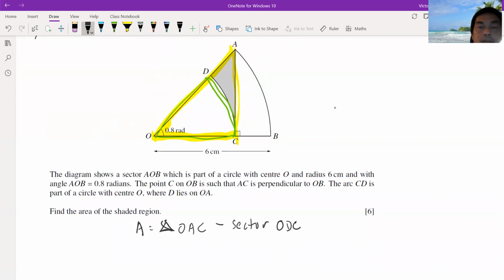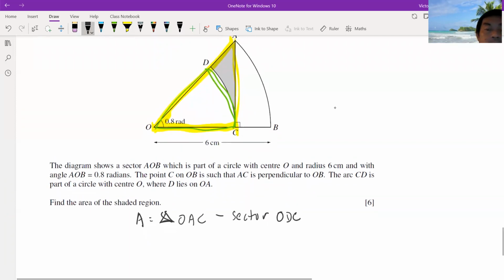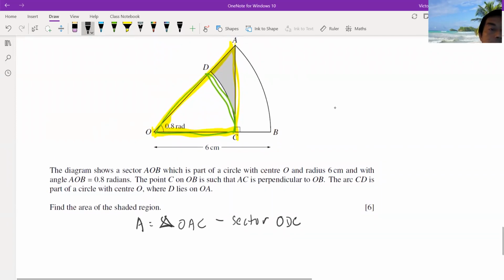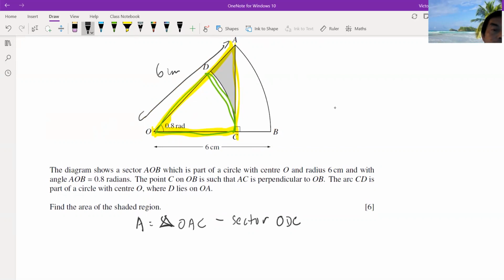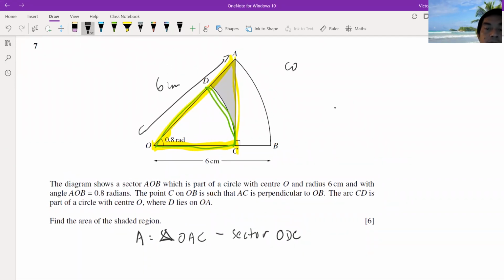OC being the base of the triangle, AC being the height of the triangle. And OC is also the radius of the sector. What is OC? OA is also the radius of the large sector, which is 6. So cos 0.8 is OC over 6. Now remember to change your mode from degrees to radians.